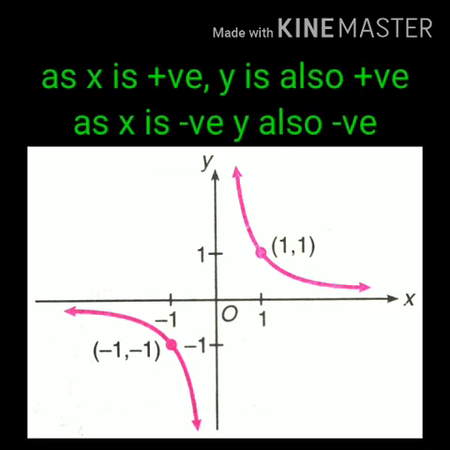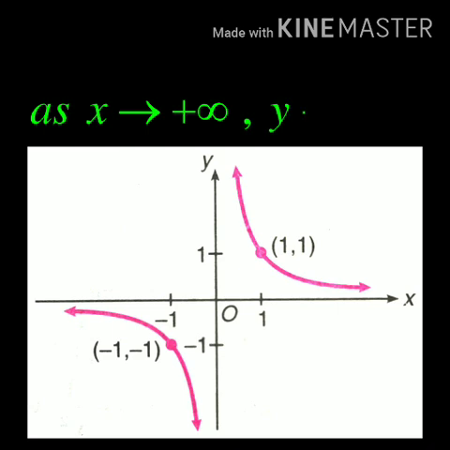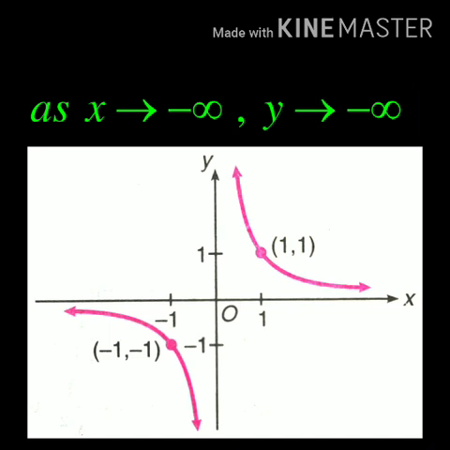As x is positive, y is also positive, so we get the curve in the first quadrant, and as x is negative, y is also negative, so we get the other curve in the third quadrant. Since x tends to infinity, y tends to 0, and since x tends to minus infinity, y also tends to 0.